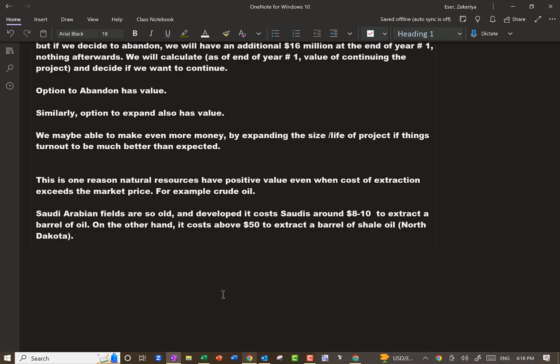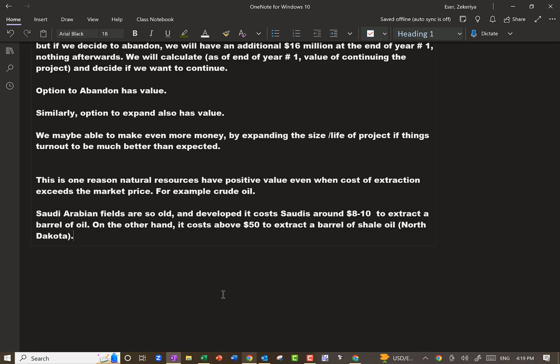Does that mean that they have no value? No, they have value. It's precisely because they have an option not to extract. If the oil is $20, I'm not going to spend $50 to extract that oil and sell it. So basically on those years, I'll just sit.